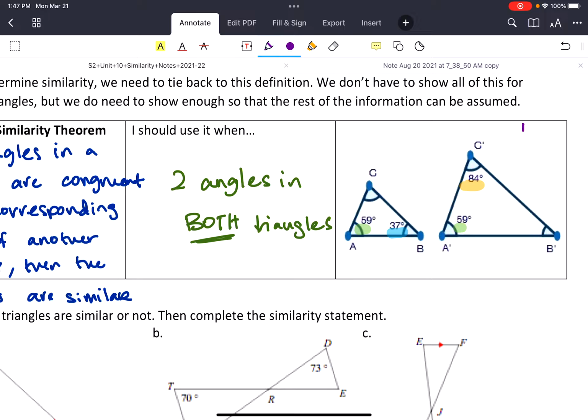So for my first triangle, if I do 180 minus 59 minus 37, I end up with 84. That matches here. And likewise, if I did 180 minus 59 minus 84, I would end up with 37. So once two angles are congruent, the third angle has to be congruent based on the sum of all the angles of a triangle adding up to 180 degrees. But we just need two to determine similarity.